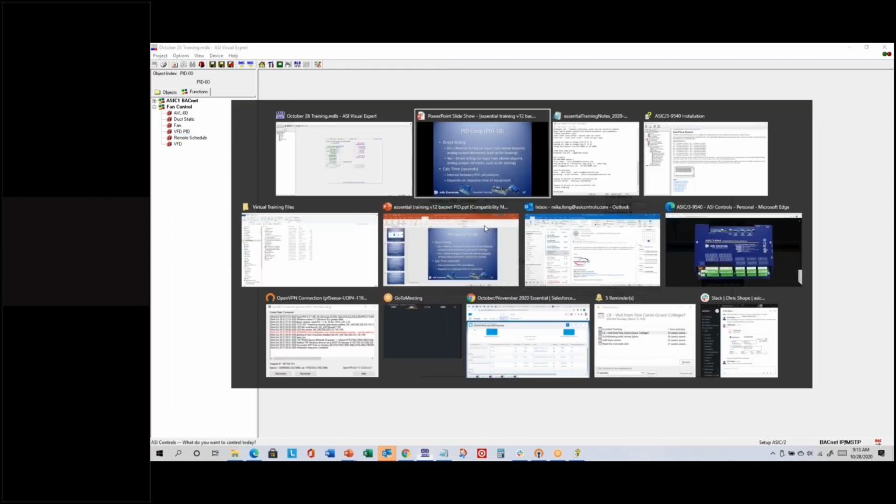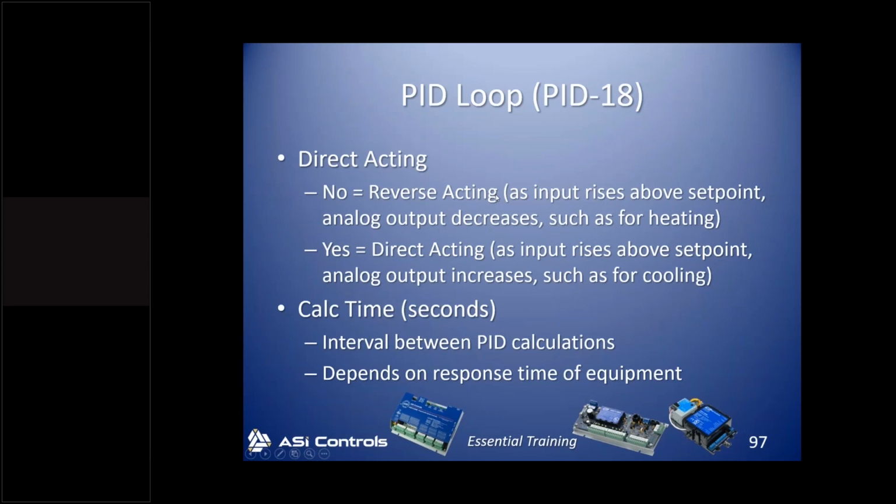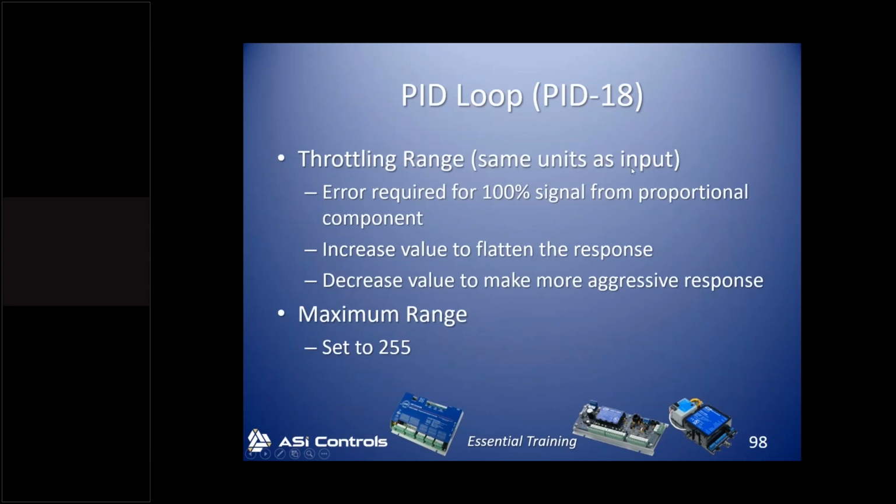And then the next setting is throttling range. That's in the same units as the input. In this case, that would be hundredths of an inch. And this is one of the settings that you'll change as you're tuning your PID loop once you get everything wired up to the controller. But as far as an initial setting goes, I like to think of it as how much error I would want to have before I went to 100% signal from the proportional component. PID, just a little background, stands for proportional integral derivative.